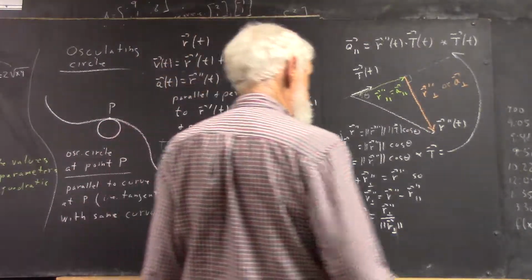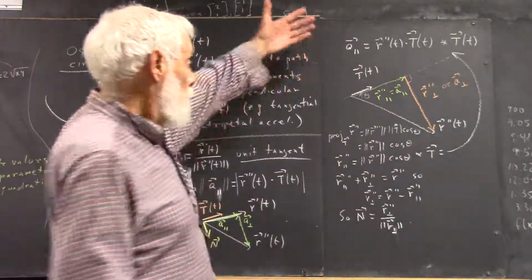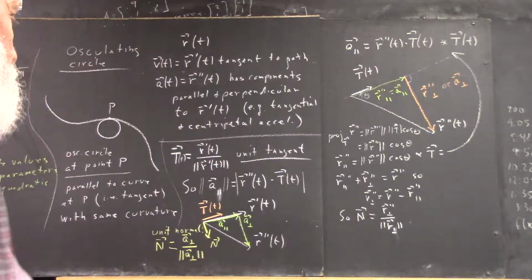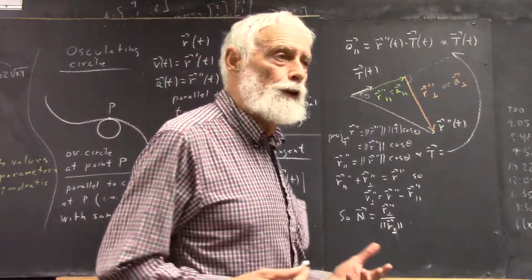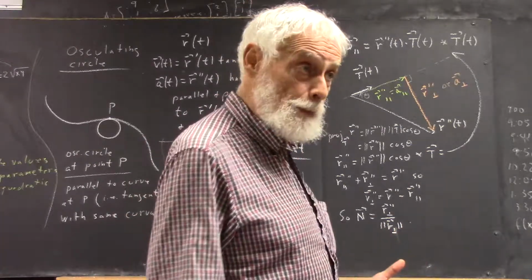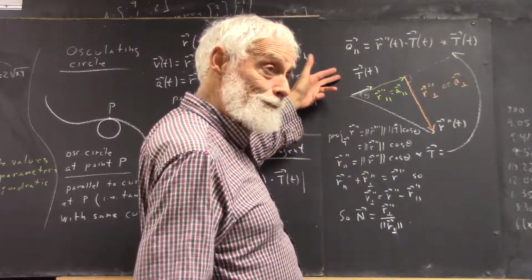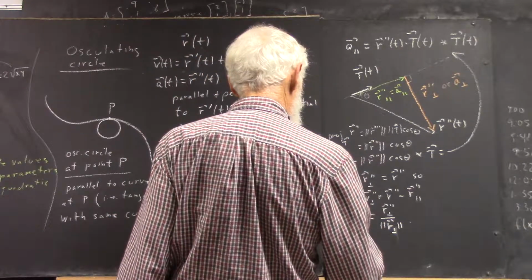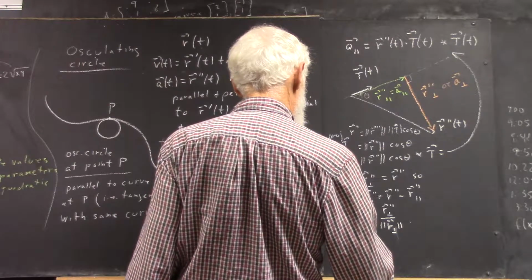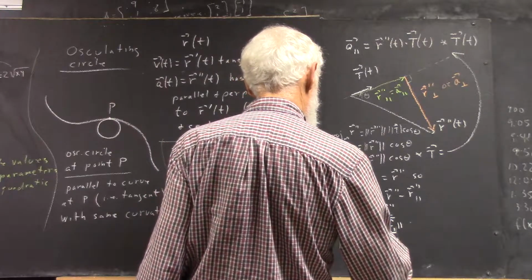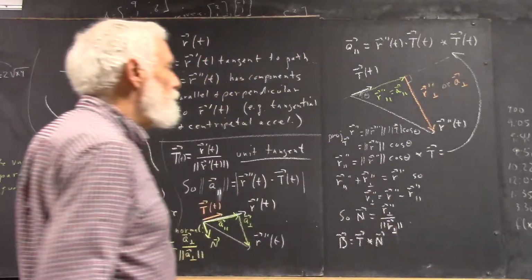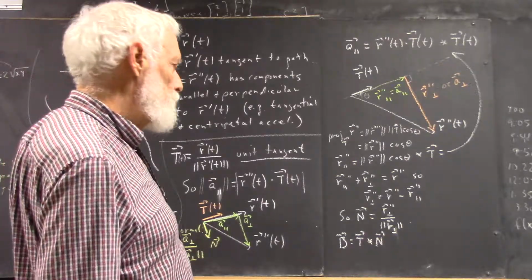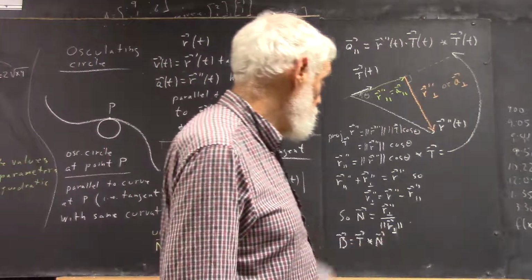Okay. So that's it. Now we've got our unit tangent and unit normal. And all we have to do to get a vector that defines the plane that we're in, or at least defines the orientation of the plane we're in, is take the cross product. Okay? I wrote T cross N, and I think it's N cross T, and I actually have to look to make sure.